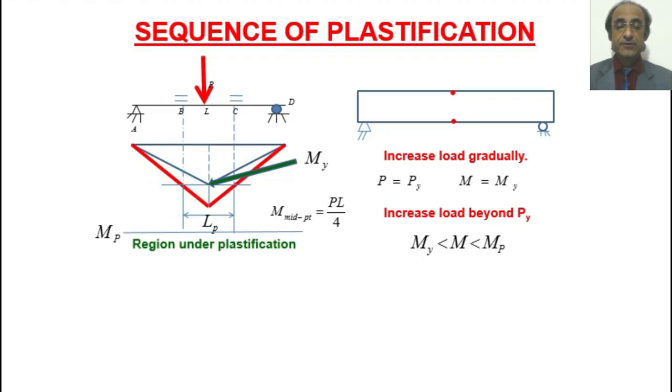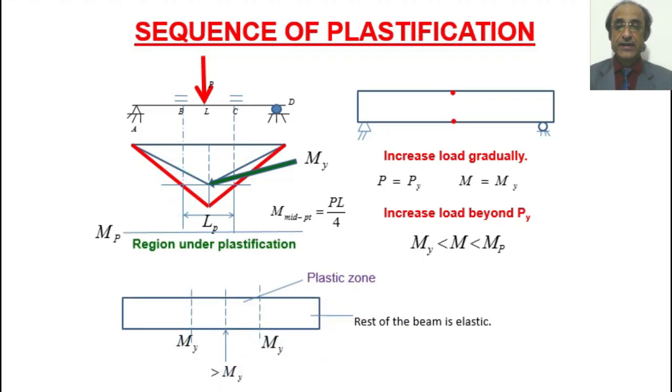Basically this region is under plastification, and if we try to draw the region of plastic development along the length of the beam, it would be something like this. All the points lying within the red zone are undergoing stresses larger than the yield stress. And if we increase the moment further, the two regions will tend to come closer to each other. So let's do that.